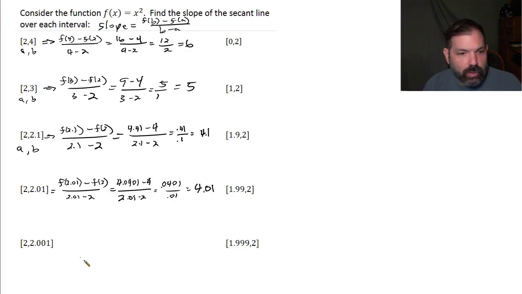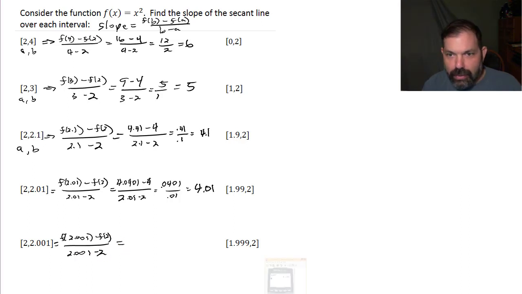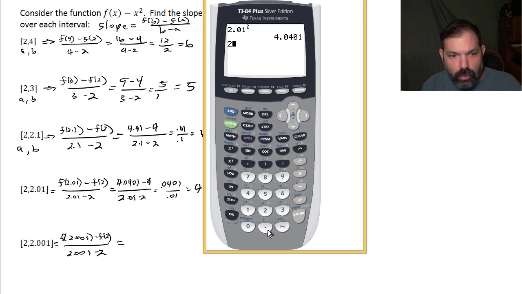And now let's do this last one. If my interval is from 2 to 2.001, then that would be f of 2.001 minus f of 2 over 2.001 minus 2. I can't do this one in my head either. Let's see, 2.001 squared is 4.004001.